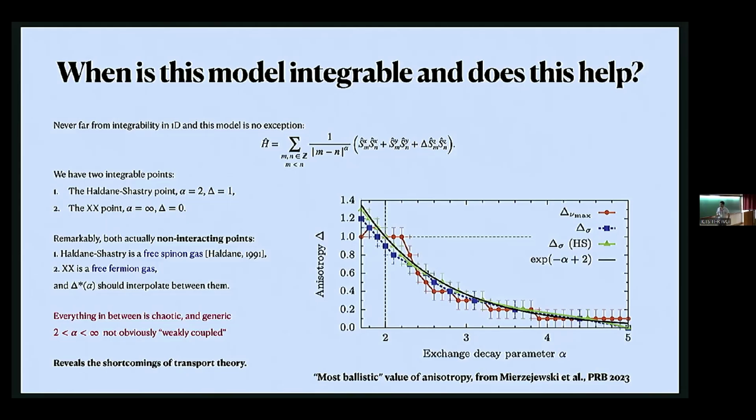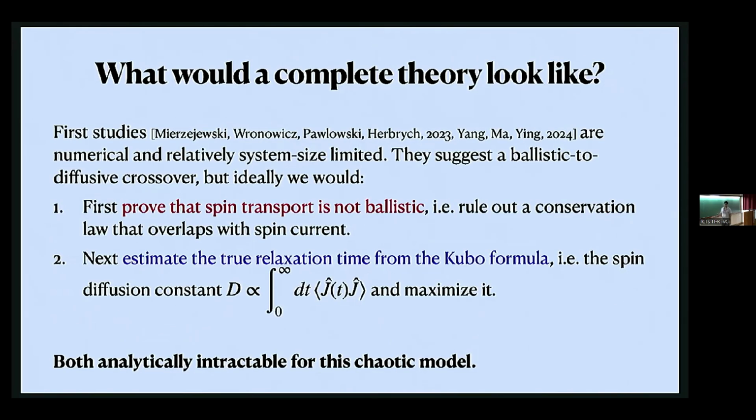And so, going back to the main point, there is no standard theory that works in this bulk regime, and that's why we're going to try to tackle this regime of generic alpha that's far from both. First let me say what a complete theory of this problem would look like. The first studies of this problem have been purely numerical. No one's tried to tackle the theory.